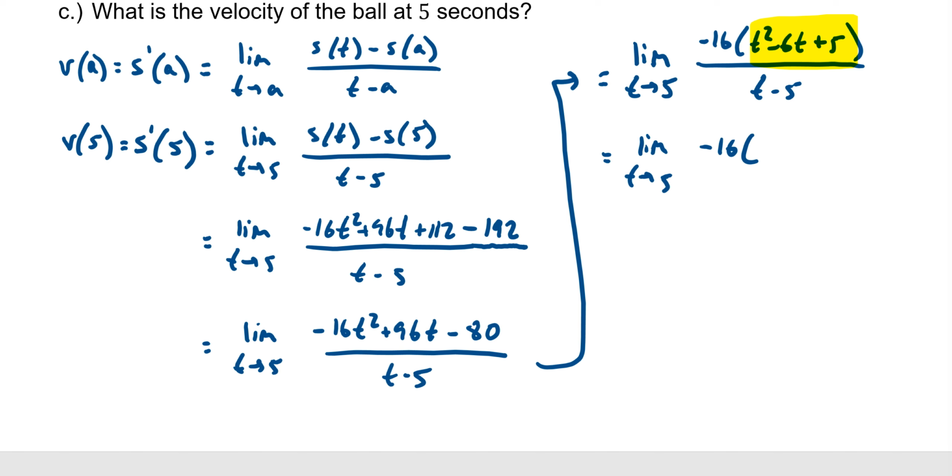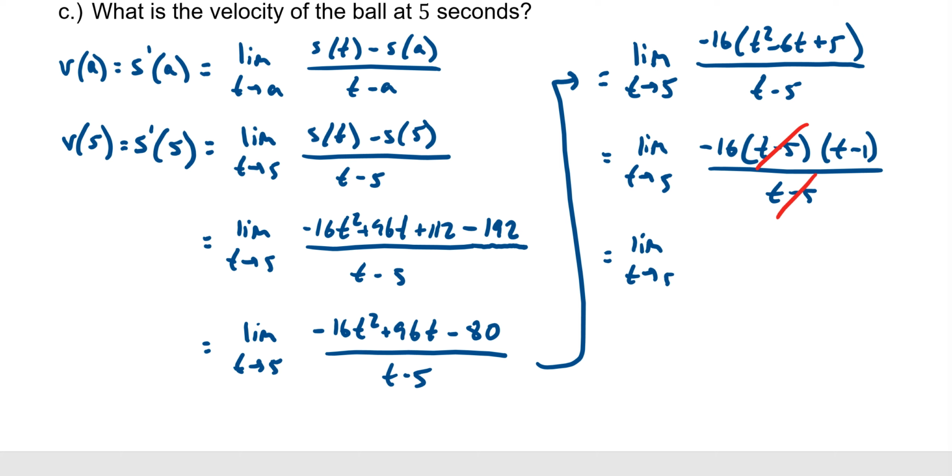Two numbers that multiply to 5 that add to -6. T minus 5 times t minus 1 all over t minus 5, which is perfect because in order for this to work, we had to actually be able to cancel off a t minus 5, which we do. So we're just left with limit as t approaches 5 of -16 times t minus 1.